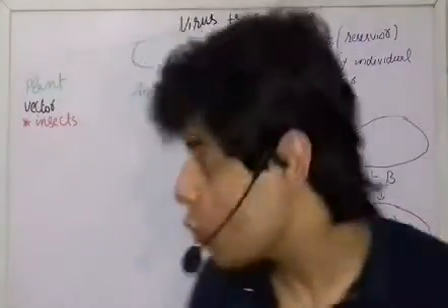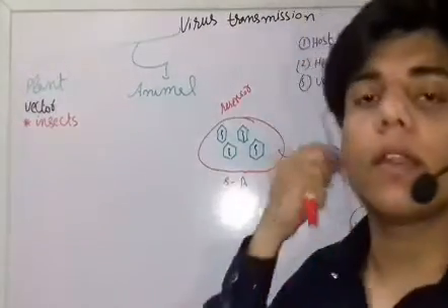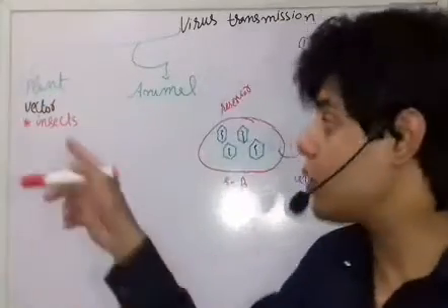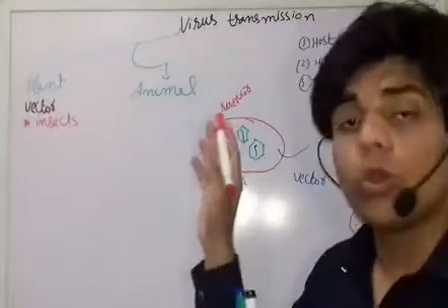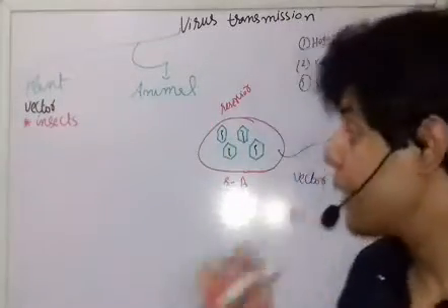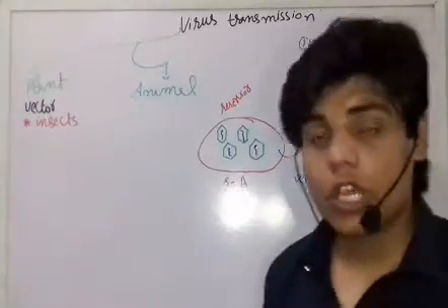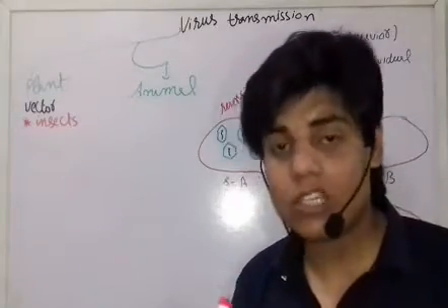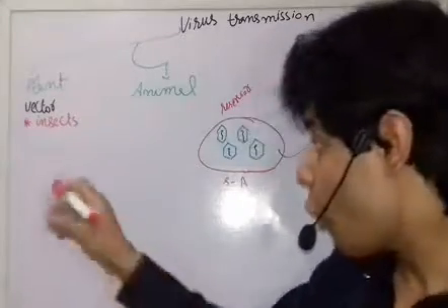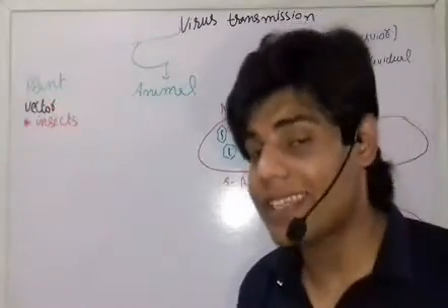Now how will the insect carry the infection from an infected plant to a healthy human or healthy host? How is it possible? This insect will sit on the plant and suck the nectar. Let's suppose the plant is infected.